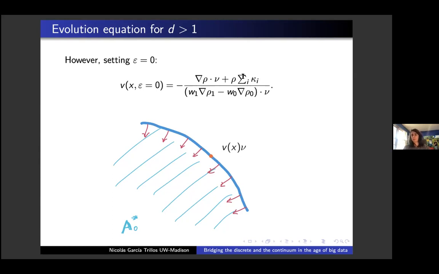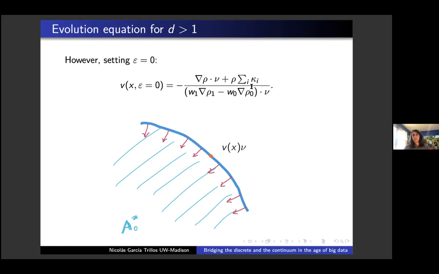So there are two effects. Some drift because of density: you're trying to push boundaries so that the adversary cannot affect you because you have less data. And then there's this geometric term, which is the weighted mean curvature term, which has to do with, well, let's try to make the boundaries smoother and shorter so that the adversary has less room to attack.